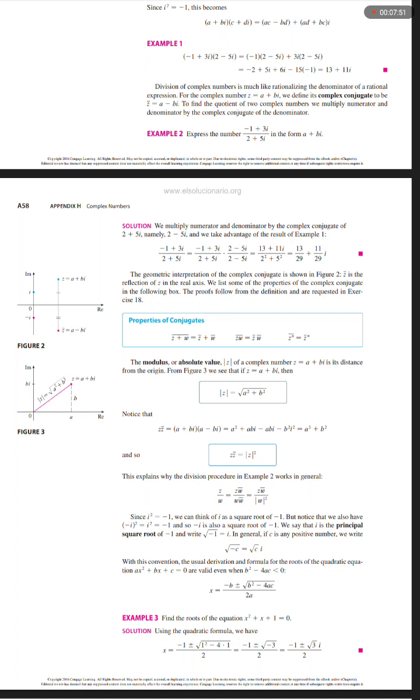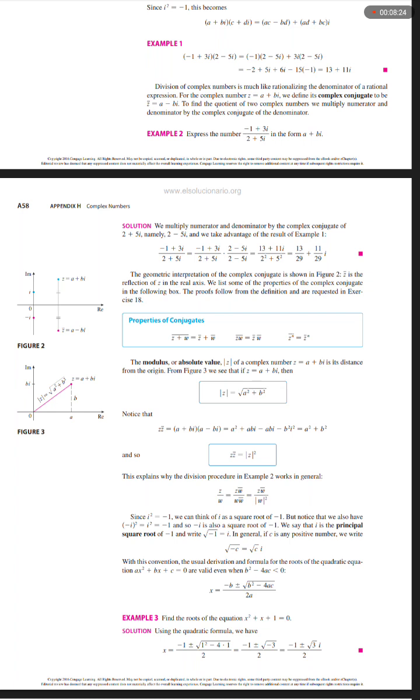The geometric interpretation of the complex conjugate is shown in figure 2. z bar is the reflection of z in the real axis. We list some of the properties of the complex conjugate in the following box. The proofs follow from the definition and are requested in exercise 18.